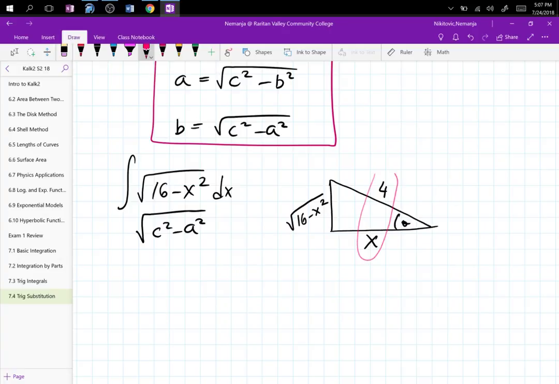One of the 3 sides will always be a number. In our case, we have 4. So I will circle 4 and x, and I will circle 4 and the square root. These are the pairs I will use to create my trig functions.